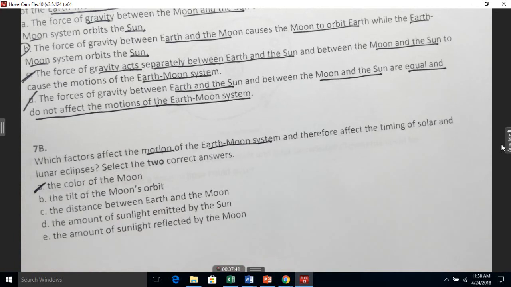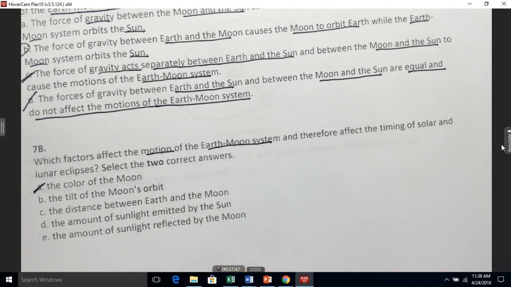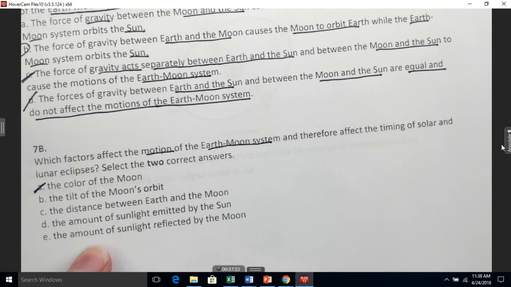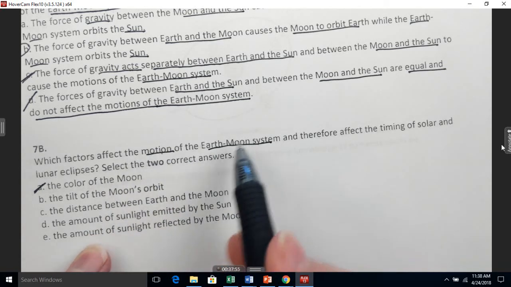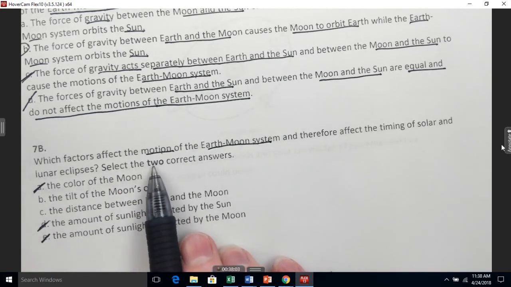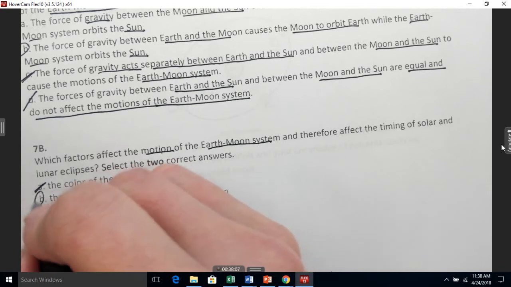Which other one does not cause the motion of the Earth-Moon system? The amount of sunlight. B. The amount of sunlight emitted by the sun? Does that affect the motion of the Earth-Moon system? Nope. The amount of sunlight reflected by the moon? No. And see, in this one, since we know it's two correct answers, we can get rid of the other ones. It's B and C.